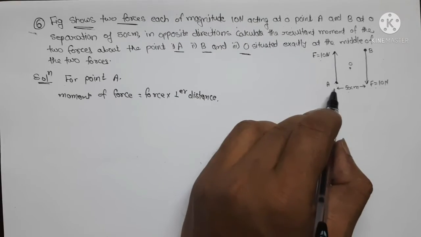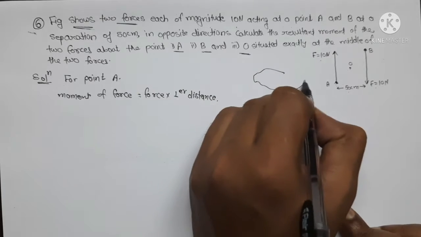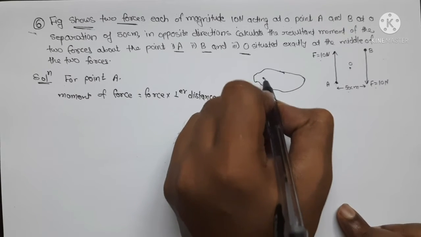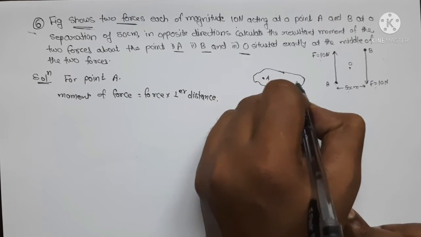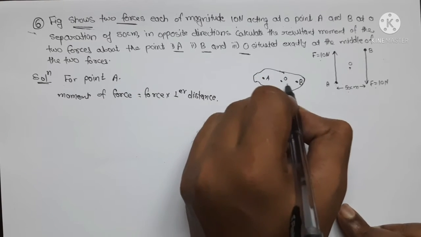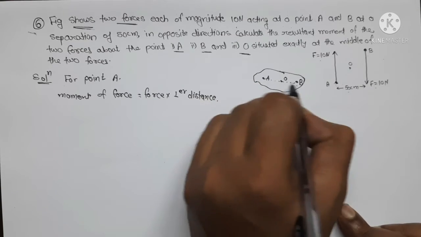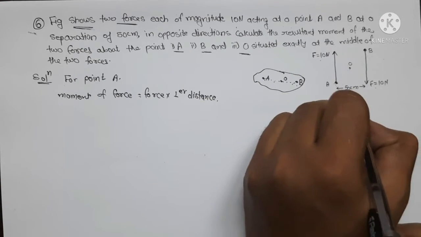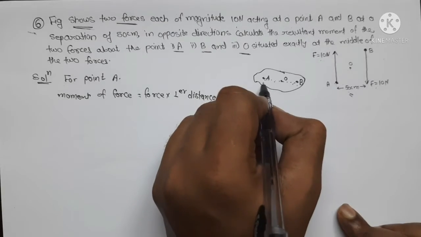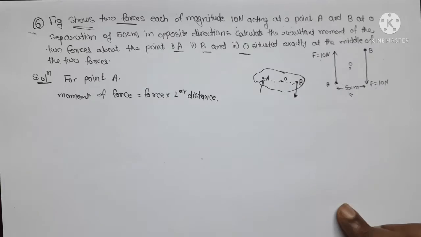Here you can simplify this diagram like this. You have this point A, another point B, and another point O, which is exactly in the middle. The total distance between A and B is 50 centimeters. One force is acting on this point, and one force is acting on this point in the downward direction.